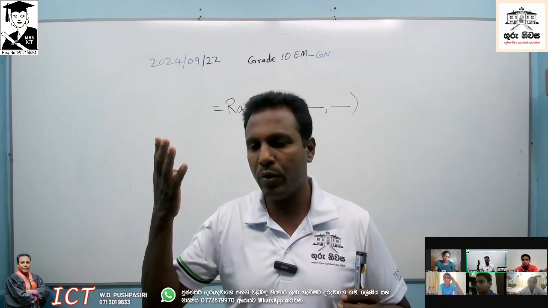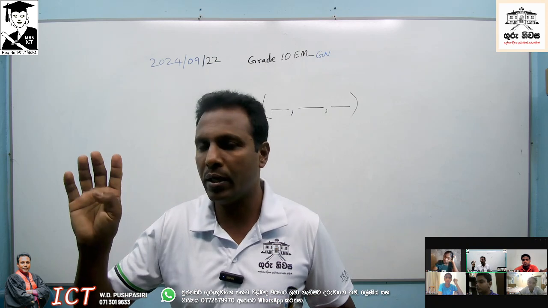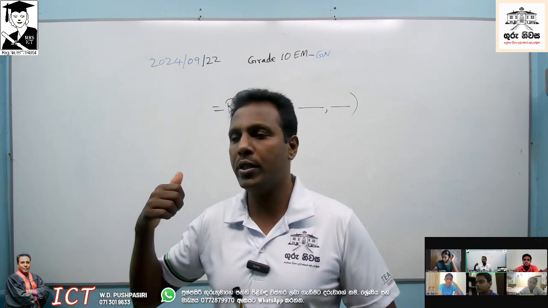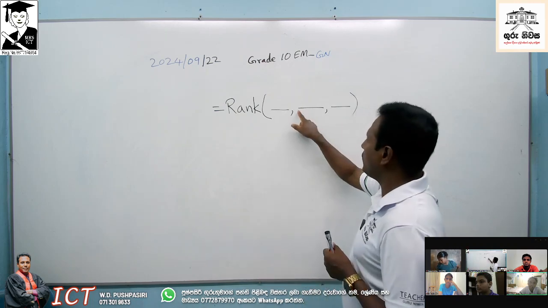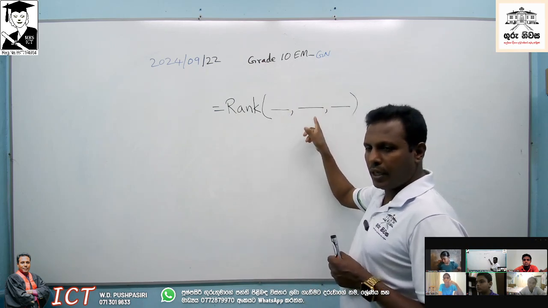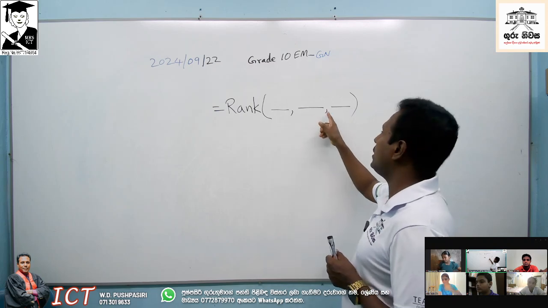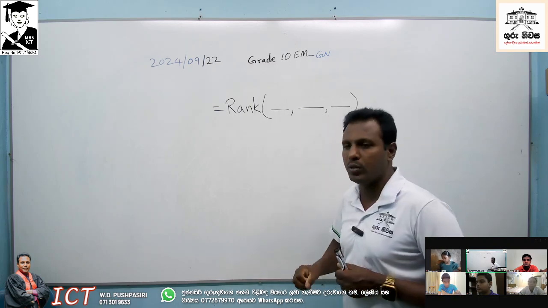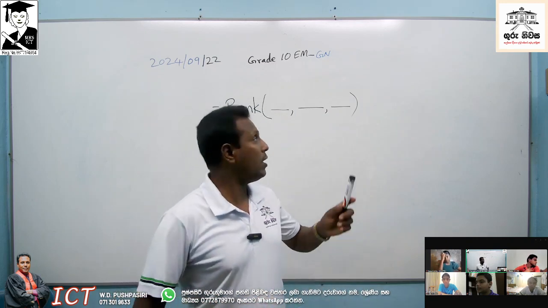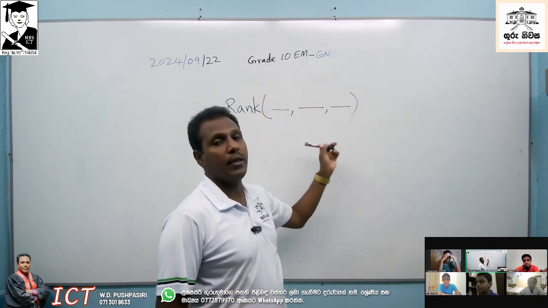There are four cell references, and out of those we have to use absolute cell reference for the range. Then the comma, and then zero means ascending order, right? I will show you how to do this.